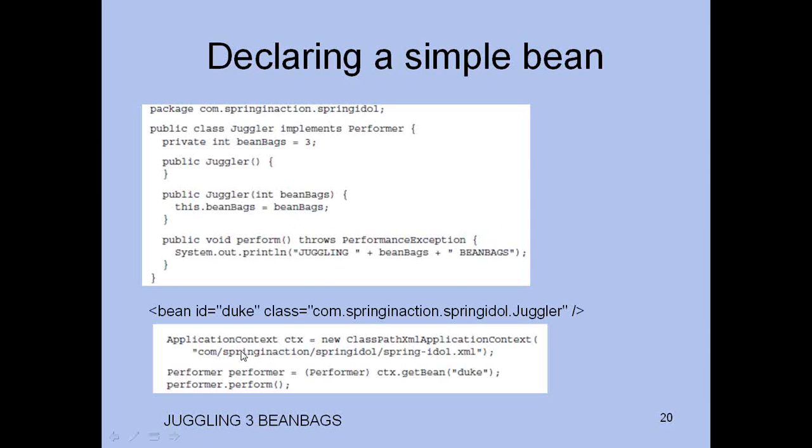So this is the configuration file, defined in a file called springidol.xml. By default, if the name of the file is applicationContext.xml, the beans get loaded by default. Otherwise, if the name and path of the file is something different, you need to load the application context like this: ApplicationContext ctx equal to new ClassPathXmlApplicationContext, because we are providing the class path of the file here.